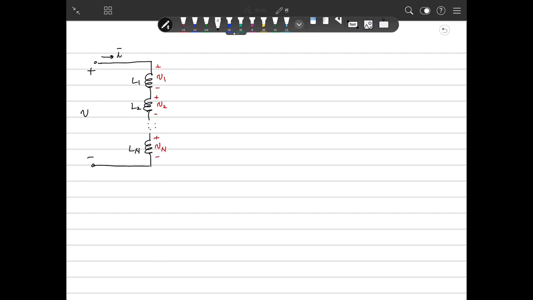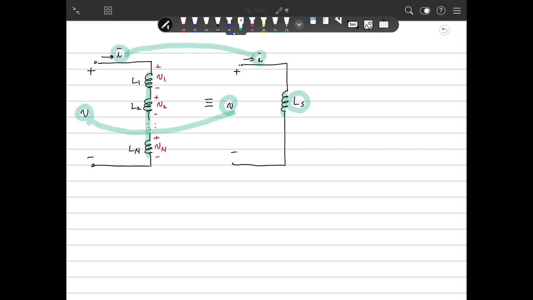Our final goal is to find one inductor. Then this is V, this is the current, and this is Ls. Ls is what we need to find out. When we replace the n series inductors with one single inductor, the voltage is the same and the current is the same as each other.